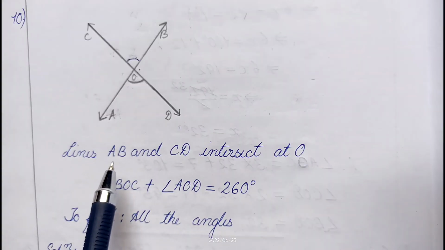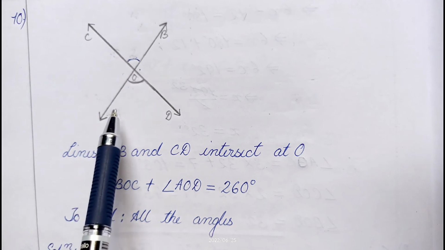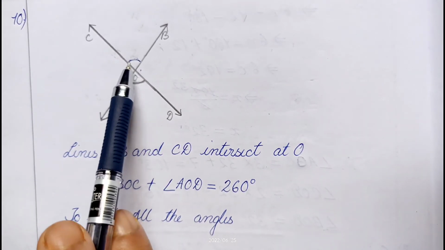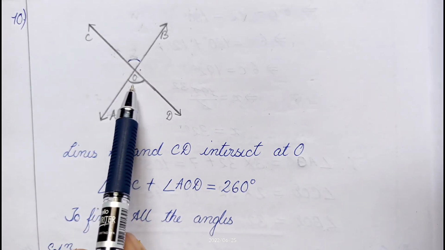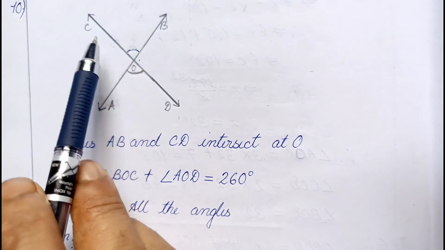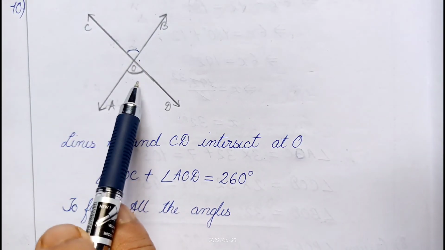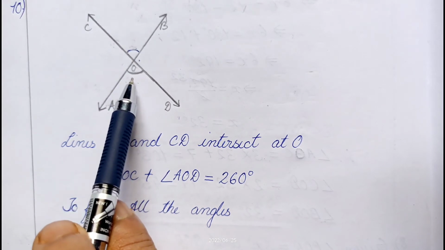In question number 10, it is given lines AB and CD intersect each other at O. It is given that the sum of angle BOC and angle AOD will be 260, and we have to find all the angles of this figure. Here angle BOC and angle AOD will be equal because these two are vertically opposite angles, and we know vertically opposite angles are always equal.